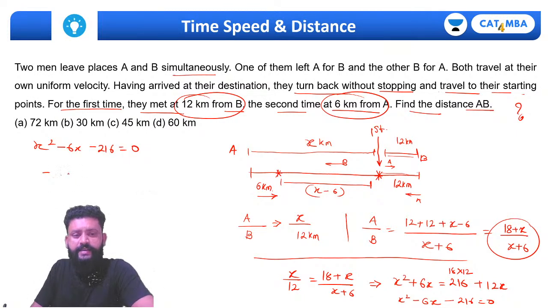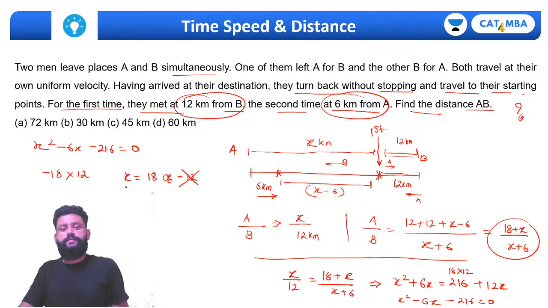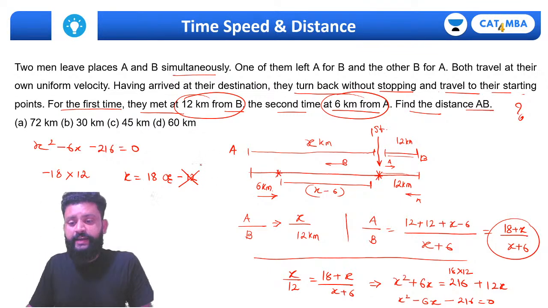You can take minus 18 into 12. Those are the values we have. So x has to be equal to 18 or minus 12. Negative value will be neglected.